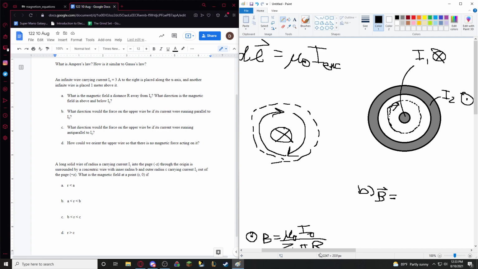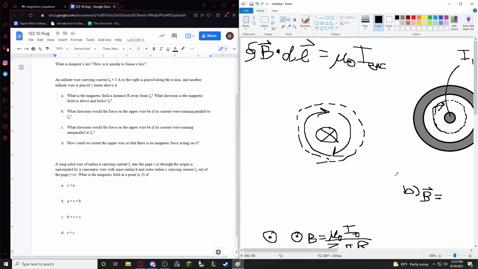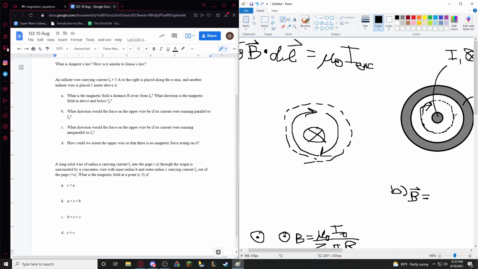So B dot dl. Our dl are these little infinitesimal vectors along each individual point along our path, and then we integrate over it to get the full length. What is the dot product of B and dl at any point along our path? B times dl times cosine theta.